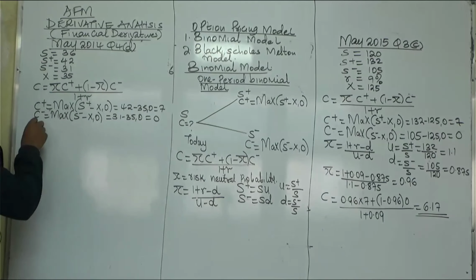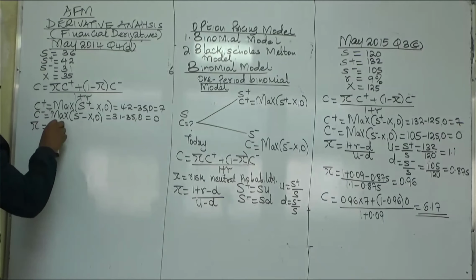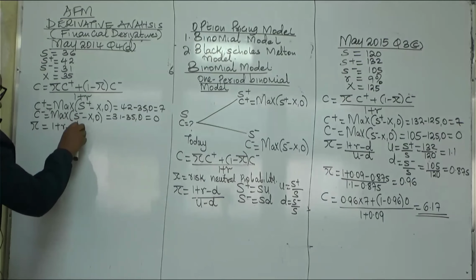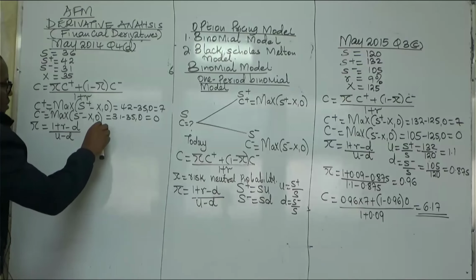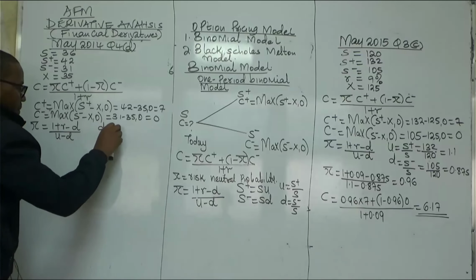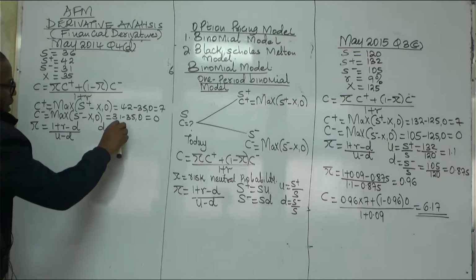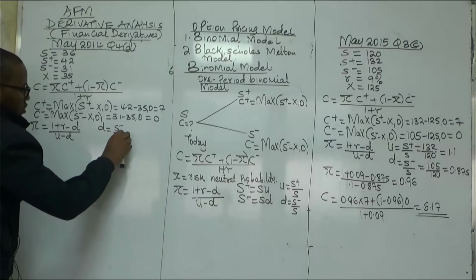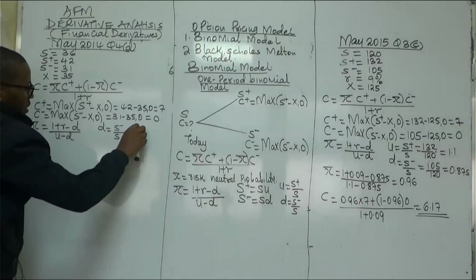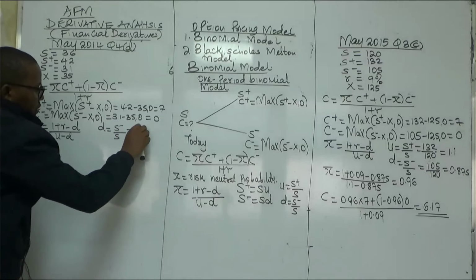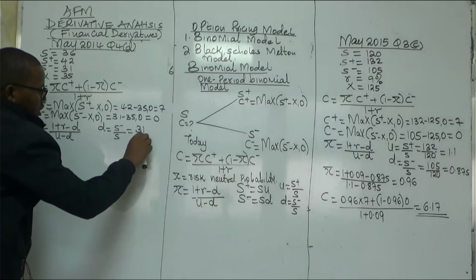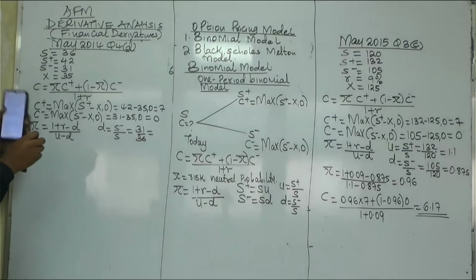Then we get the risk neutral probability, 1 plus R minus D over U minus D. D will be S minus over S. S minus is 31 divided by 36.